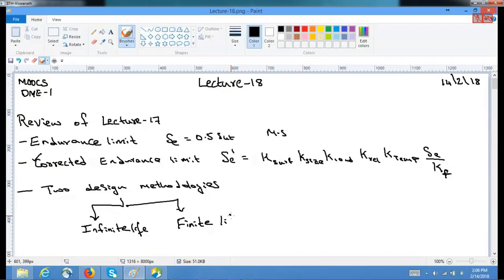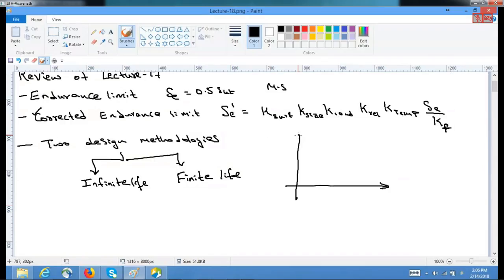Of number of cycles, and what we did was we drew a straight line till the endurance point and another straight line from this.